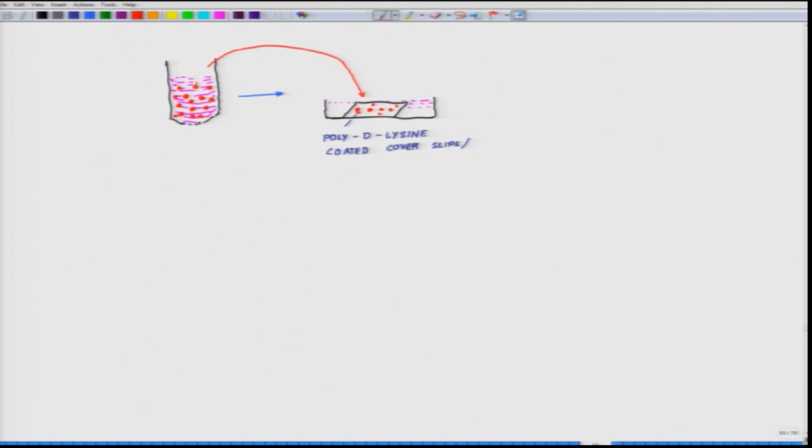You just put them there, with a little bit of medium in that, but try to plate them without adding any further medium for the next 30 to 40 minutes, and then after 30 to 40 minutes add more medium.